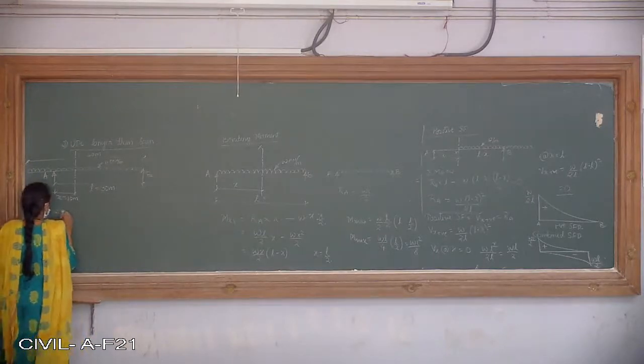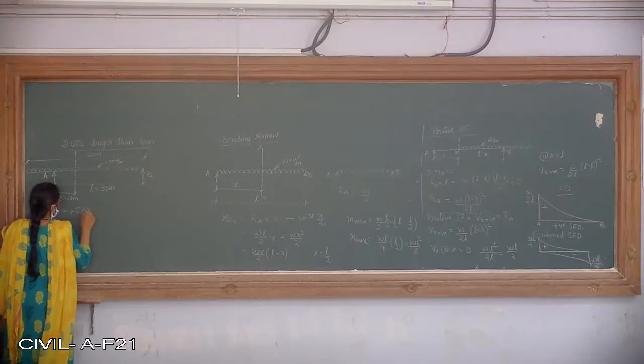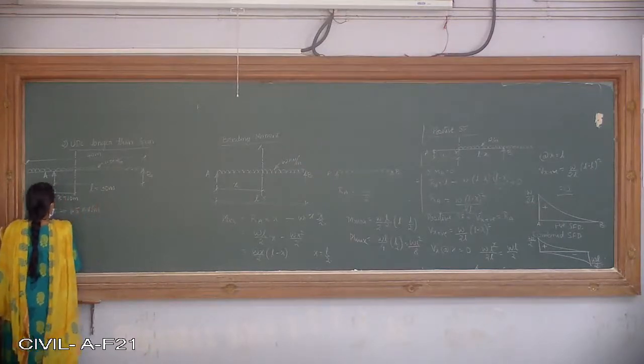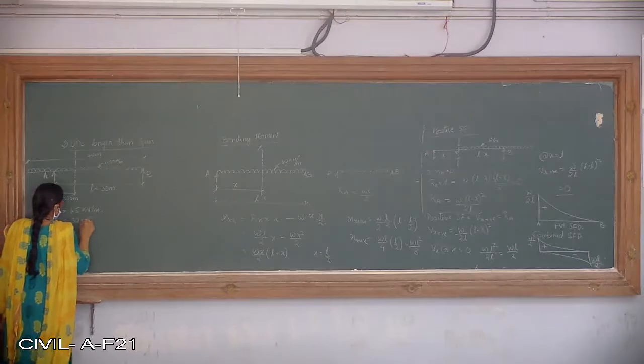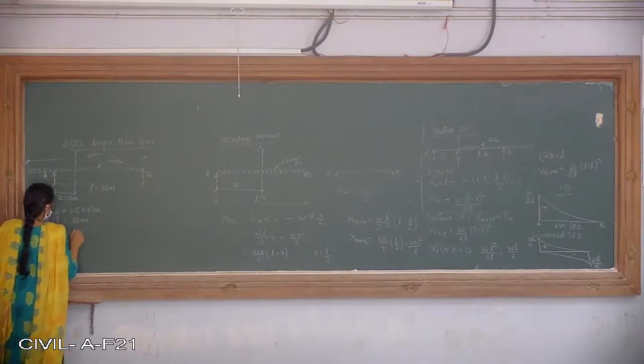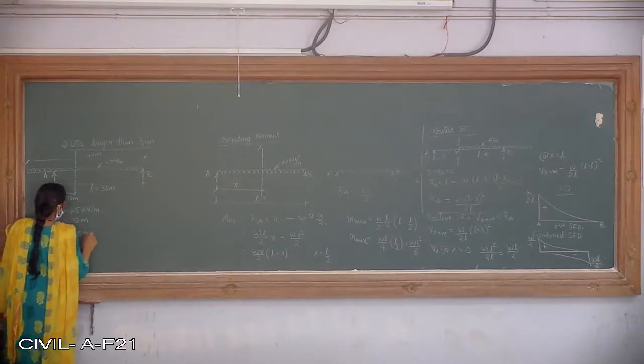Given the problem, we have 1.5 kilonewton per meter as the load. L is 30 meters. Section line is at 10 meters, that is the X value.